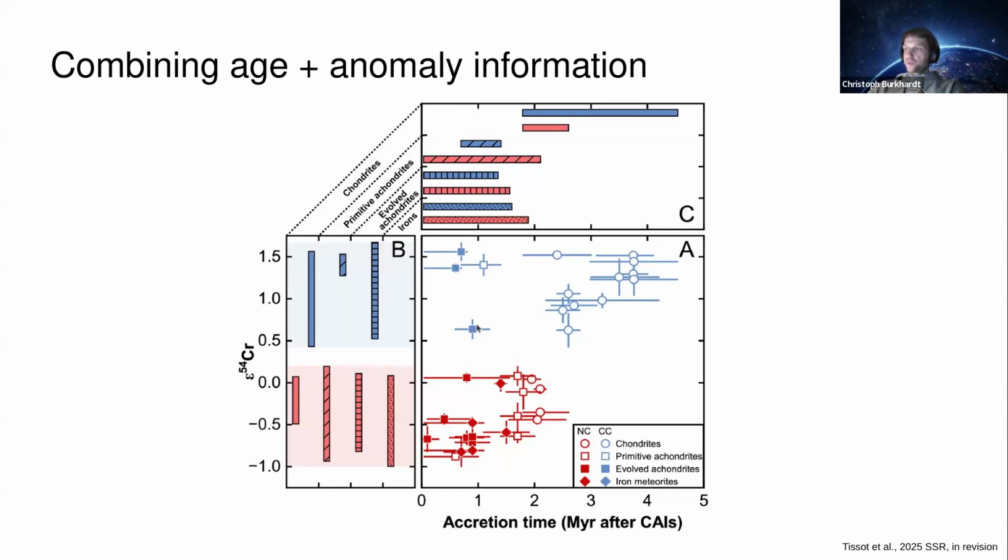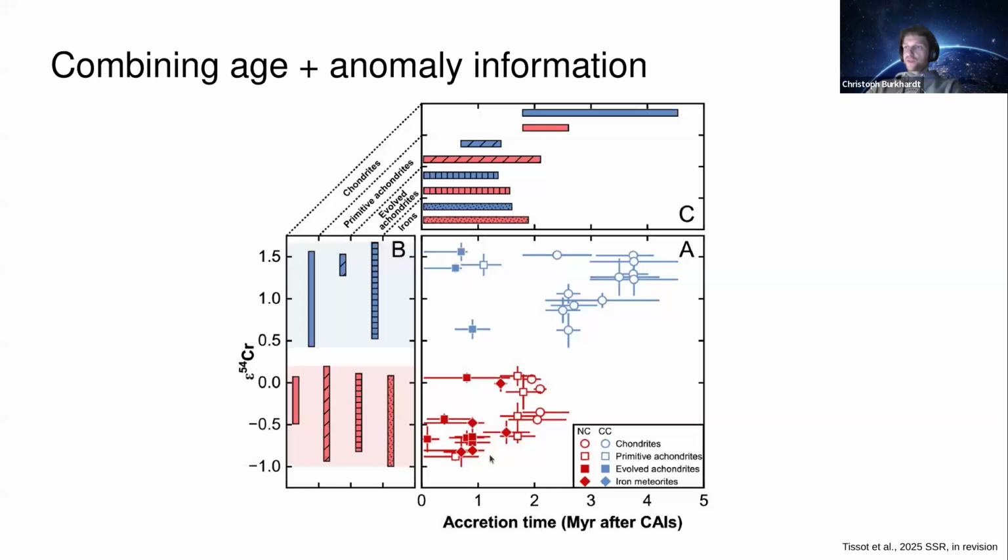And the filled symbols are early formed bodies, and they are differentiated because they formed early. There was enough aluminum-26 around for them to differentiate, while the open symbols are the primitive achondrites, so not fully differentiated, and also the chondrites, which formed later.